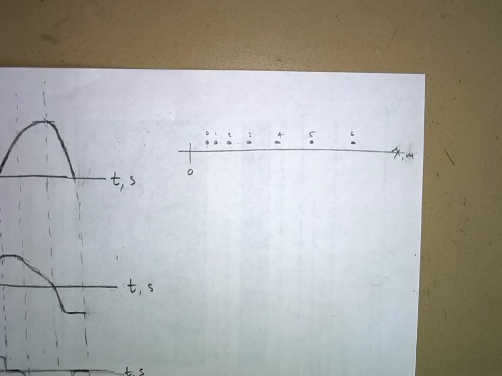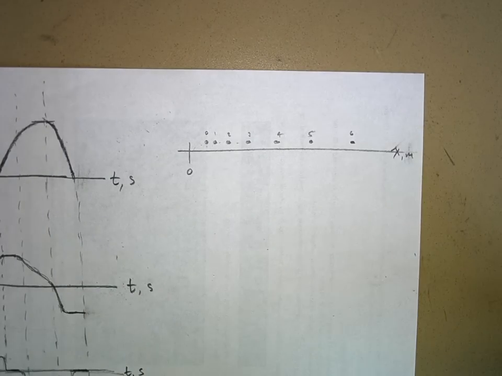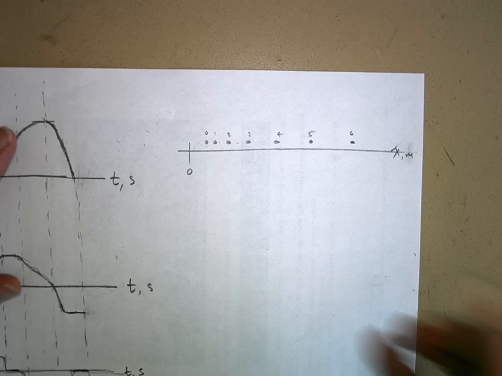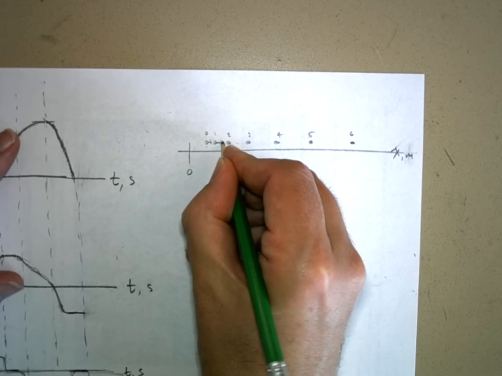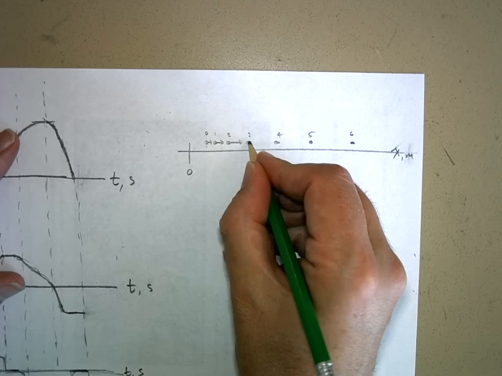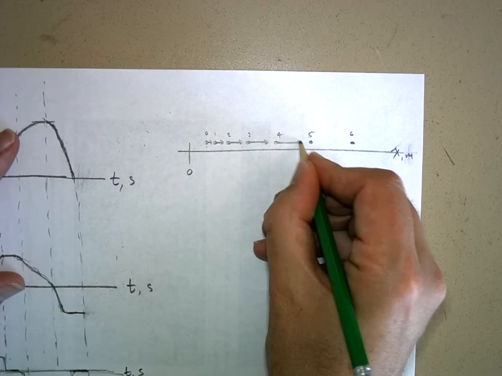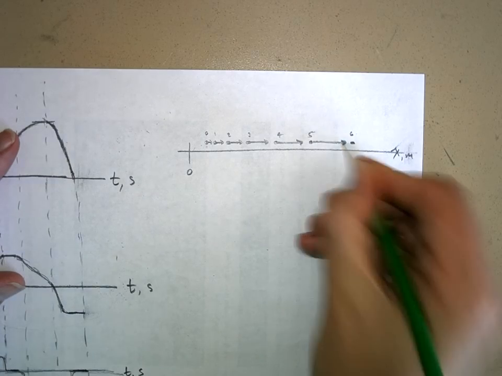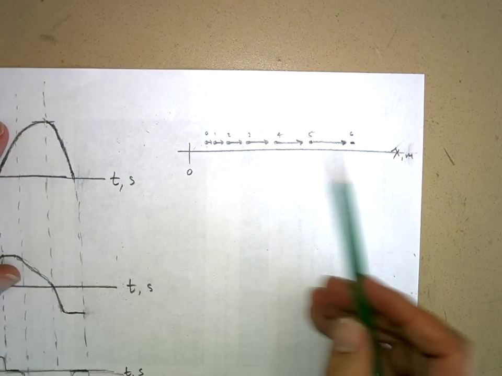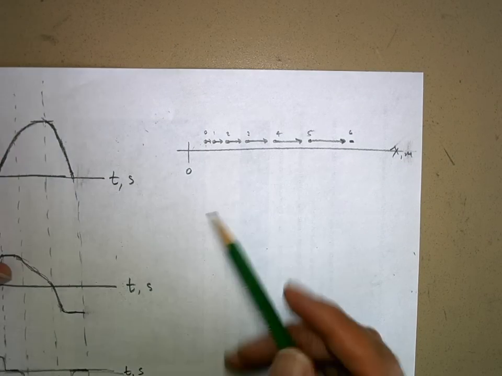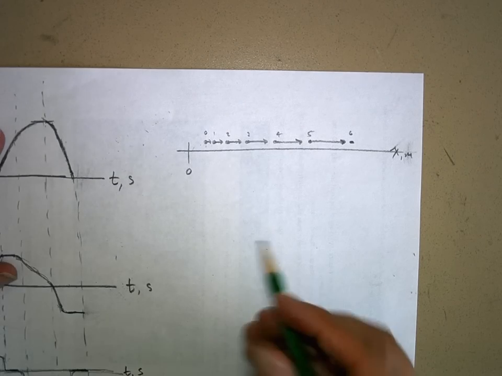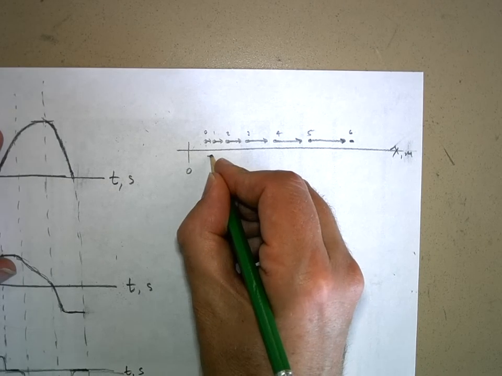Now I can represent velocity by drawing little arrows. These arrows represent velocity. And then above or below, it doesn't really matter, I can put a little acceleration arrow.